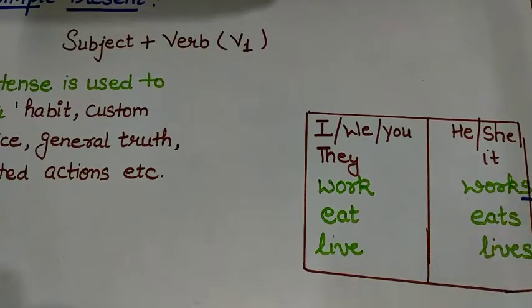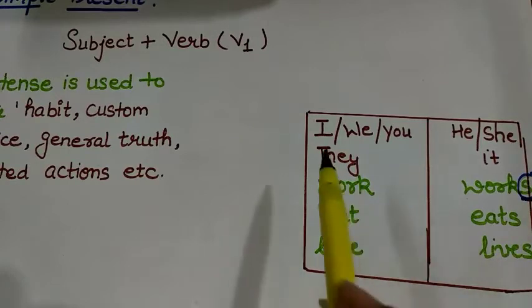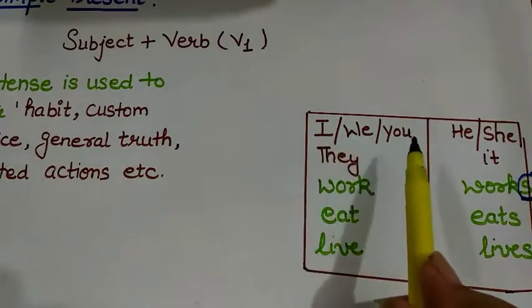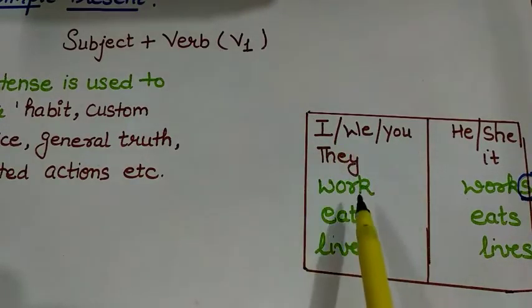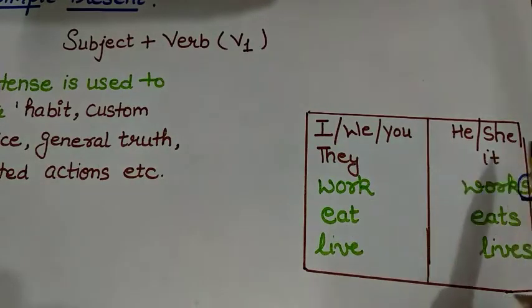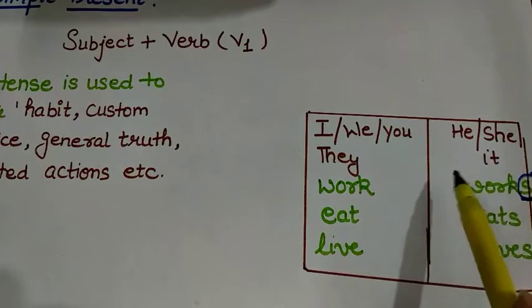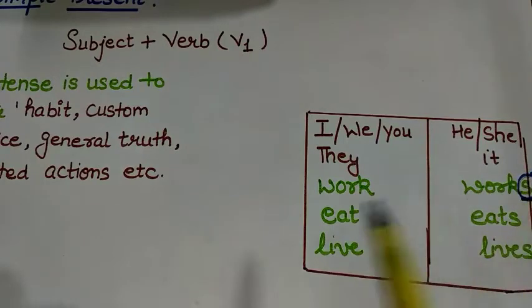Actually, this concept is based on subject verb agreement, which denotes this s as singular verb with singular subject. So here, when the subject is I, we, you and they, we use work, eat, live. But when the subject is he, she or it, we use s with the verb, s or es depending on the verb.